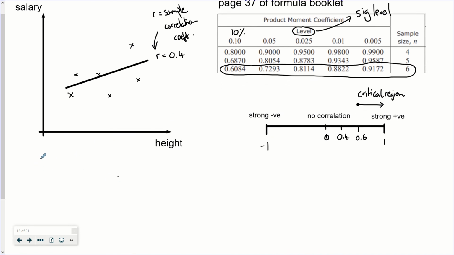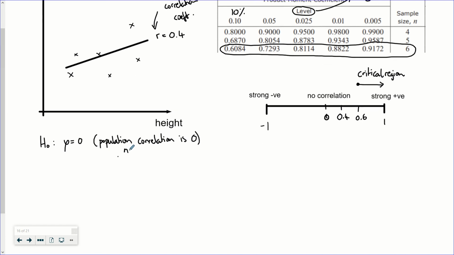So let's try and formalize this a little bit by doing a hypothesis test. So our null hypothesis is always that the population correlation coefficient is 0. So rho is equal to 0. And you could, if you wanted to, write in brackets, to help remind us, that the population correlation is 0. So there's no correlation.